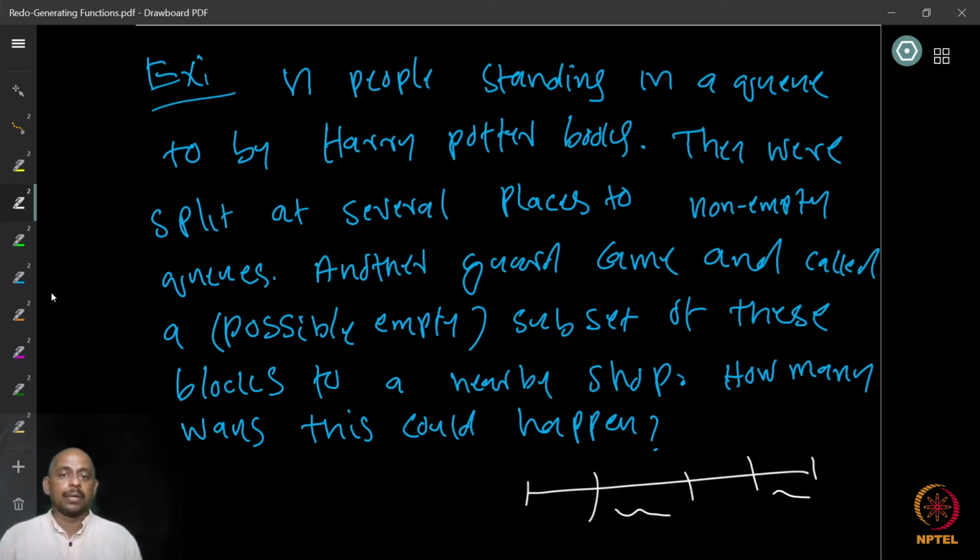And what does that guard do? That guard does nothing. What the first guard does is to basically just split the queue into several parts, but he does nothing else. So he doesn't modify it in any way, and he doesn't put any structures.